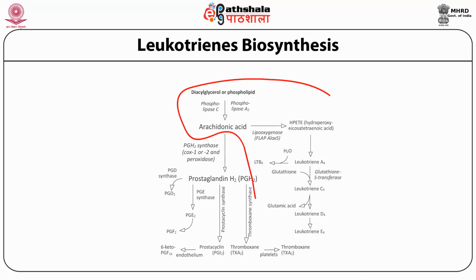In eosinophils and the mast cells, the LTA4 is linked with the tripeptide glutathione to form LTC4, the first cysteine leukotriene, by the catalytic action of LTC4 synthase.